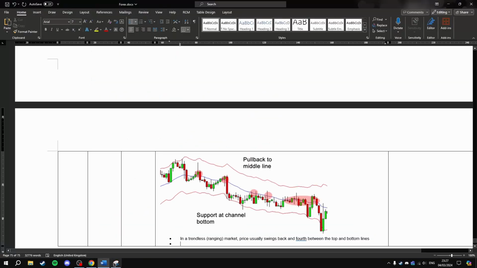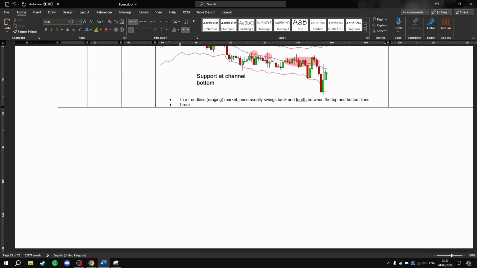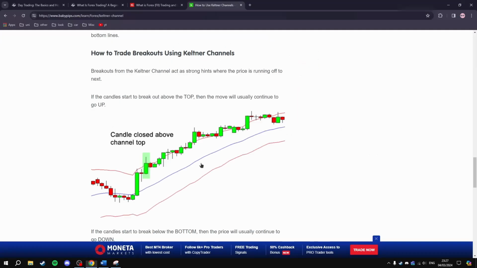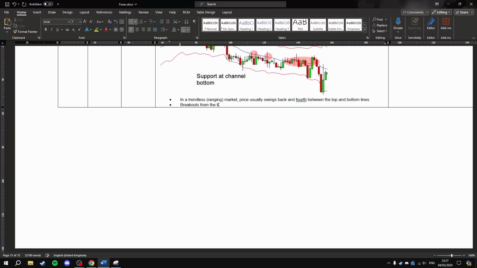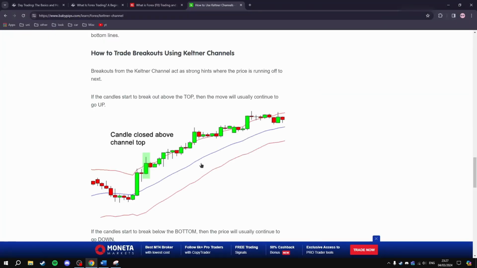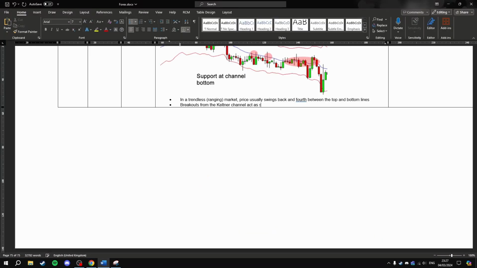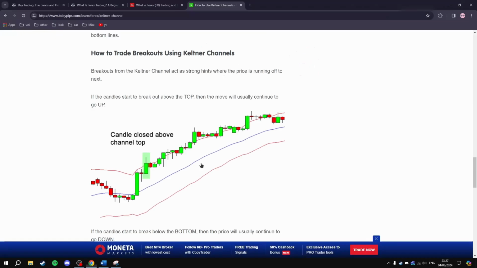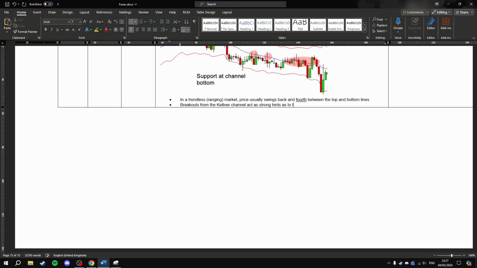Right, okay, so breakouts from the Keltner channel, that's not your spell channel, act as strong hints as to where the price will head next.